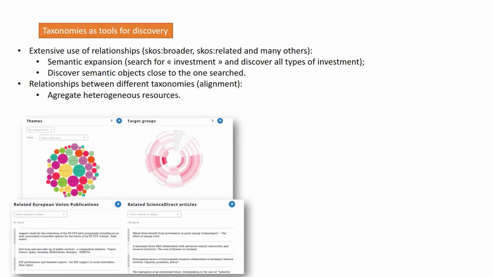For example, we don't say that France is a narrower of Western Europe. We say France is fully located within Western Europe. We don't say that Paris is a narrower of France. We say two things. We say Paris is fully located within France, and Paris has an administrative parent, which is France, because we needed to manage both the geophysical aspect in this taxonomy and the geopolitical aspect also.